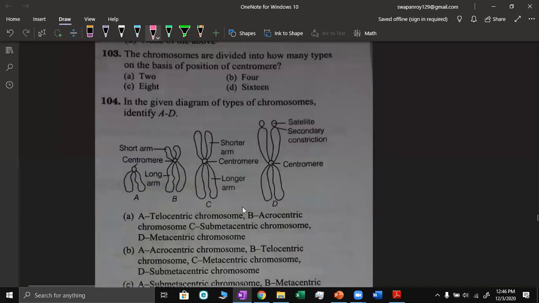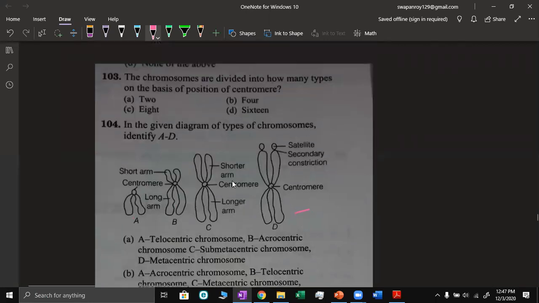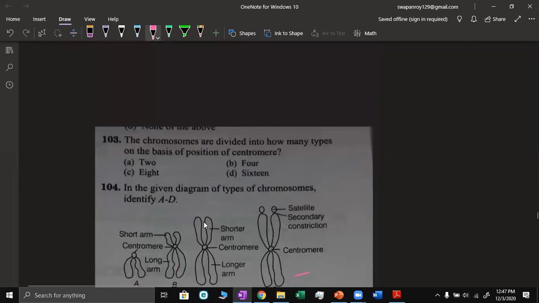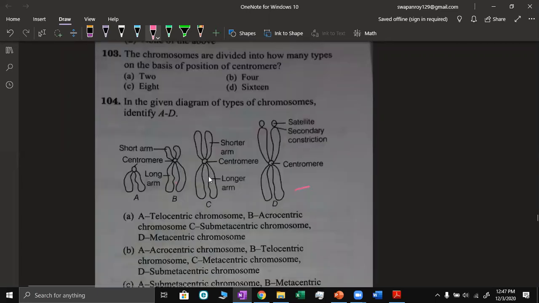Okay, now come to this question. This is with chromosomes. Again, a diagram. Four chromosomes have been shown here, and some labeling is there.